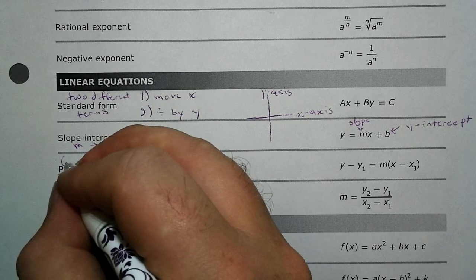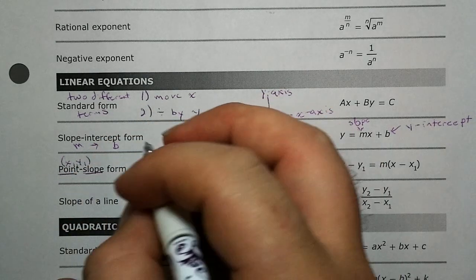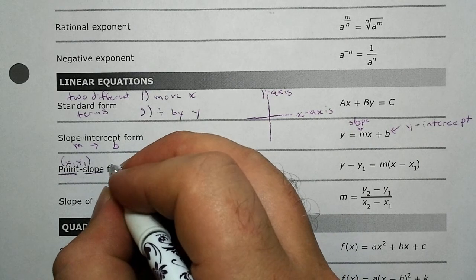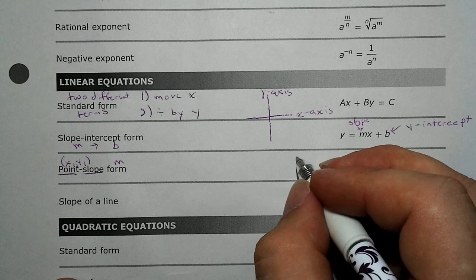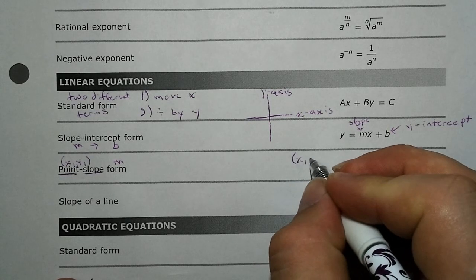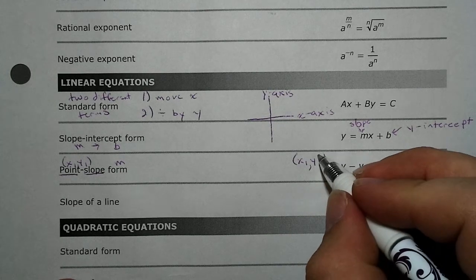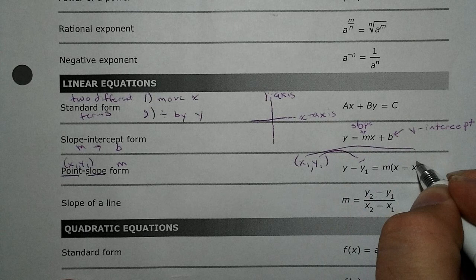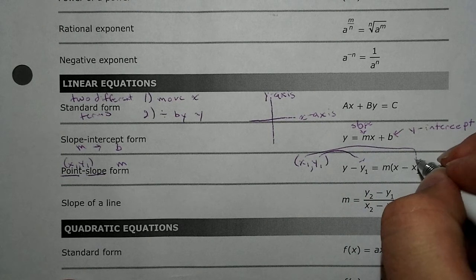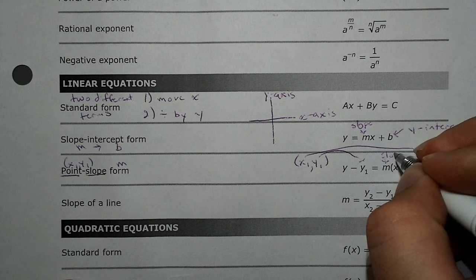Your point is always going to be your x1, y1, and your slope is always going to be your m. So remember, your x1, y1 is going to get plugged in right here. The y goes there. X goes all the way over there. And your m is your slope, and it goes right there.